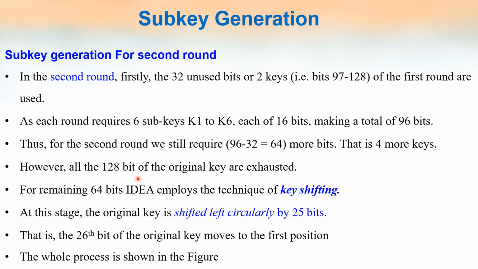However, all the 128 bits of the original key are exhausted. For the remaining 64 bits, IDEA employs the technique of key shifting, which is the left circular shift by 25 bits. The 26th bit of the original key moves to the first position. The whole process is shown in the figure.